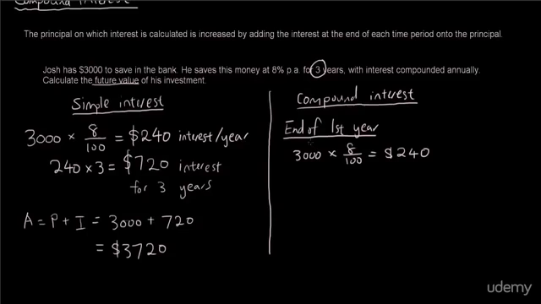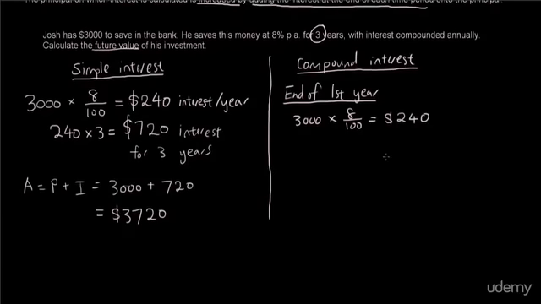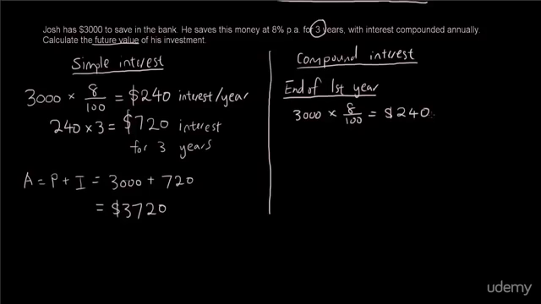If you have a look at our definition from before, the principal is increased by adding the interest at the end of each time period onto the principal. So this is the interest at the end of the first time period, at the end of the first year. So we're going to add it onto the principal, so 3,000 plus 240, which is 3,240. Now that is the new principal.